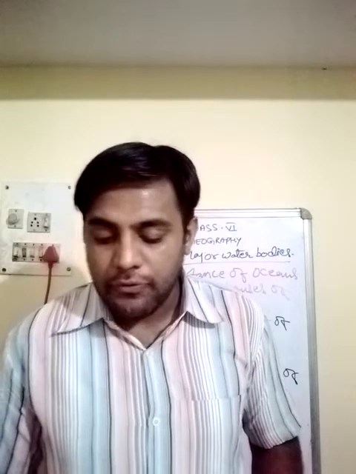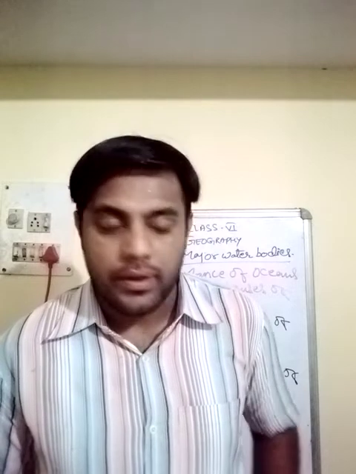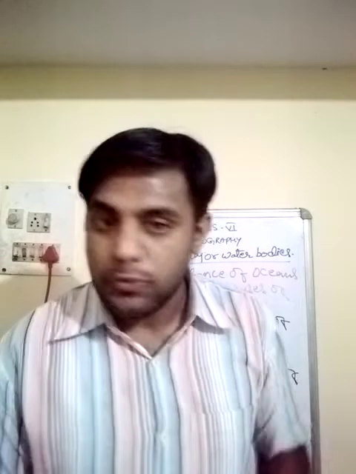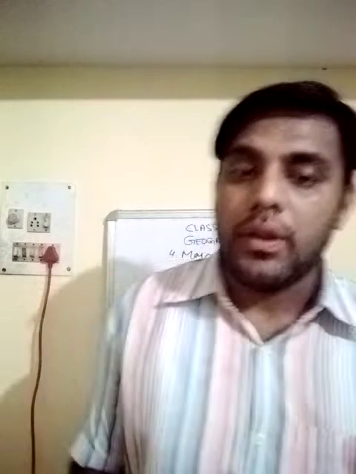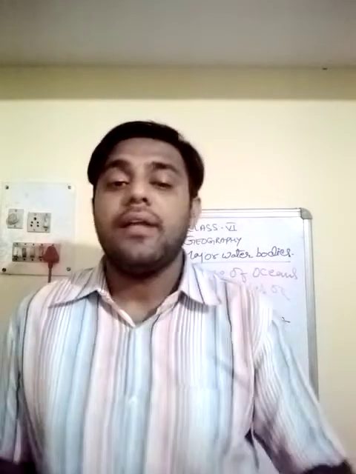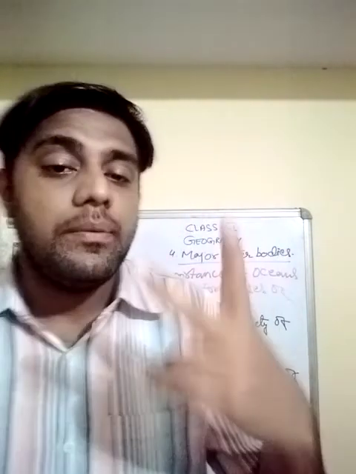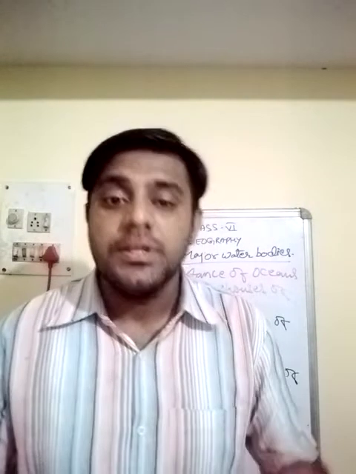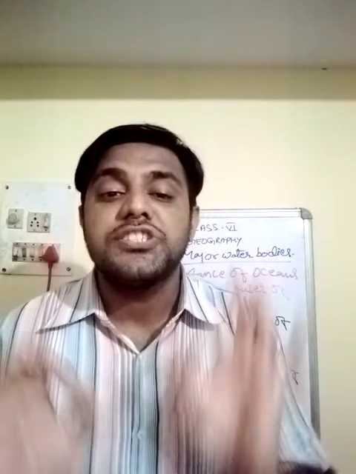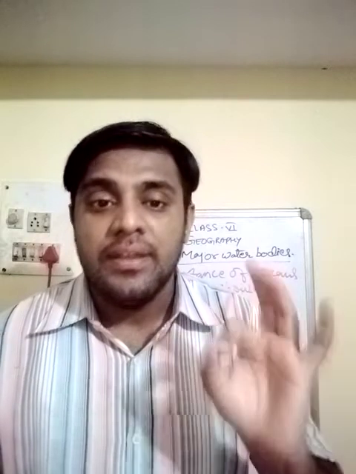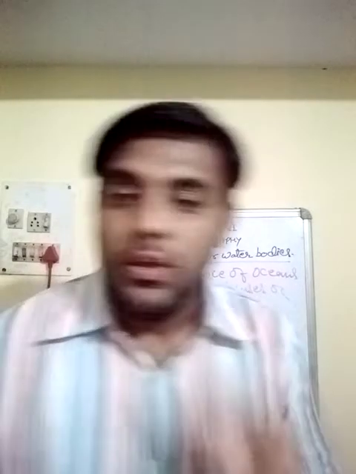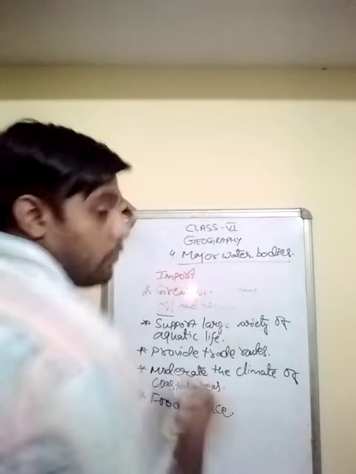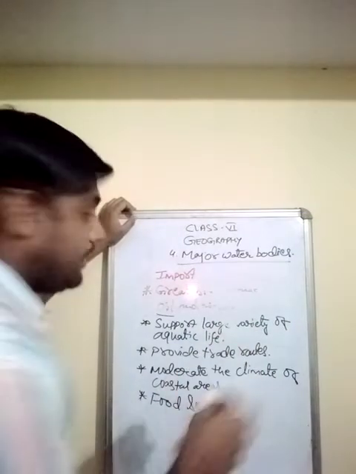A sea is a part of an ocean that is smaller and shallower. It is a part of ocean water, but first of all it is smaller in area. Secondly, it is not as deep as the ocean. So you remember these two differences. One, seas are smaller than oceans. Number two, seas are shallower than oceans. And the word shallower, for those who don't know, means not very deep.